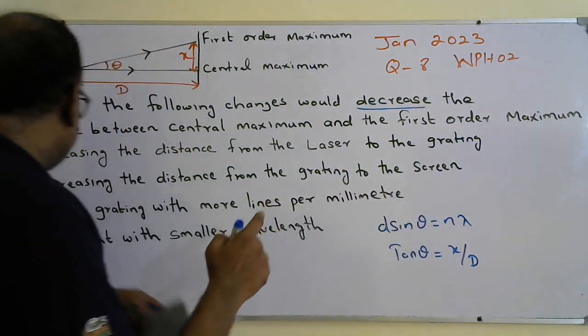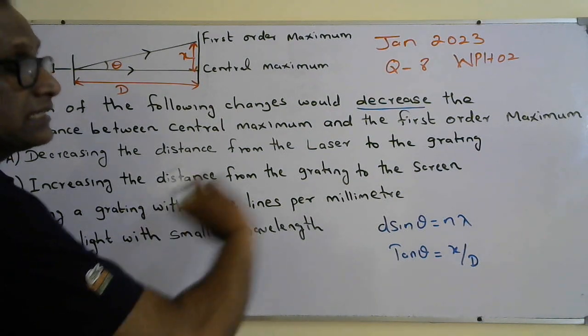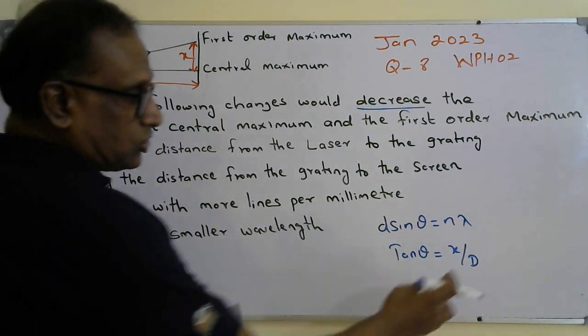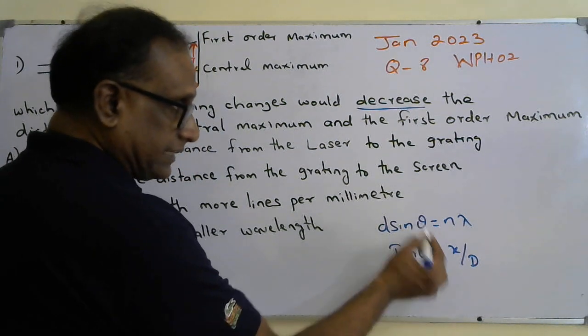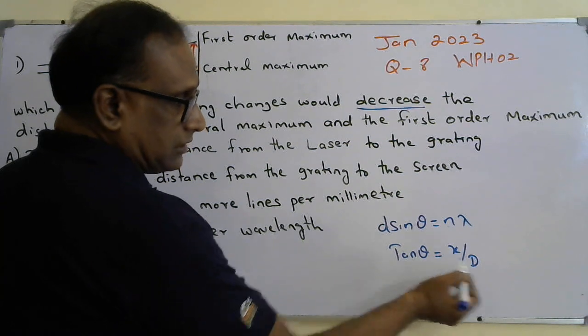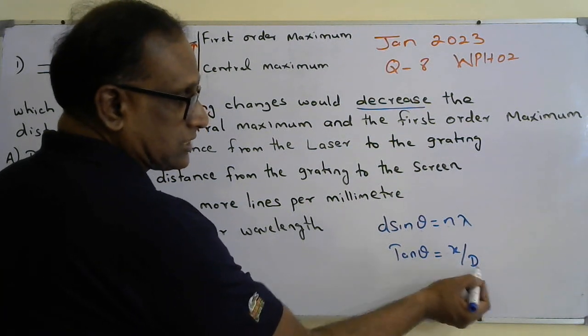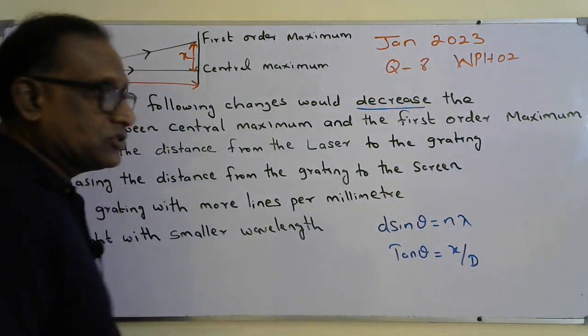But they are saying D is increasing, the distance from the grating to the screen, so it can't be the answer. Theta is constant for a given order, so tan theta is constant. If you increase D, x will increase, but they want to reduce x, so that's not the answer.